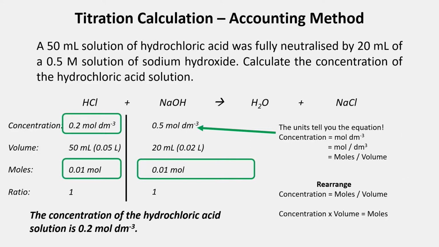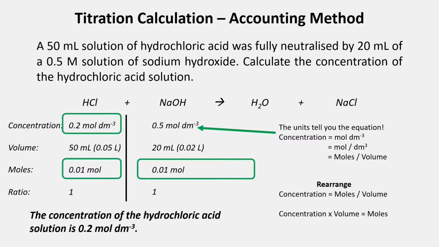Now there's a couple of things I want to point out, which is once you've finished this question, just do a little logic check. Remember that you had 50 millilitres of hydrochloric acid and it was neutralised by 20 millilitres of sodium hydroxide. So you've used a lot less volume of sodium hydroxide. So you know the concentration of your acid has to be lower than the concentration of your base, if it's a 1-to-1 ratio.